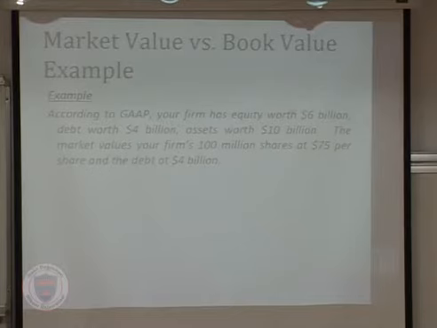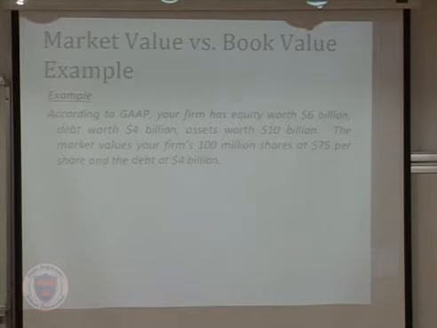Since this was from your book, and it's a US book, it says GAAP. But according to the accounting rules, your firm has equity worth 6 billion, debt worth 4 billion, assets worth 10 billion. The market values your firm's 100 million shares at 75 per share and the debt at 4 billion.